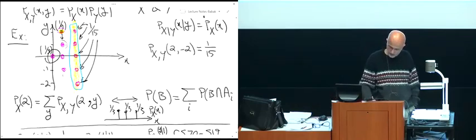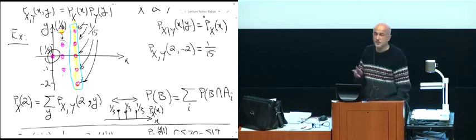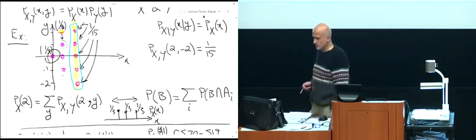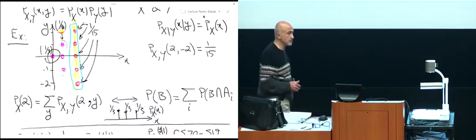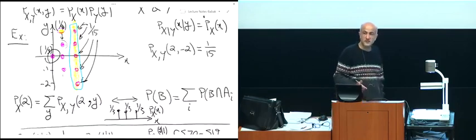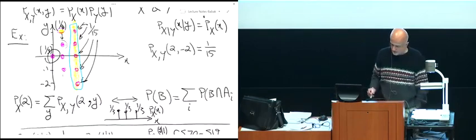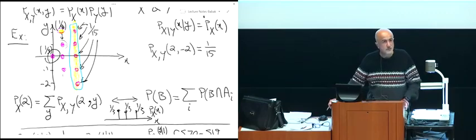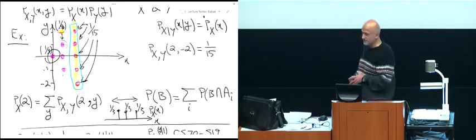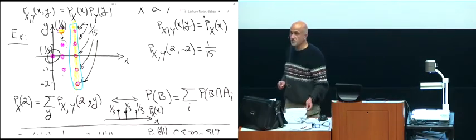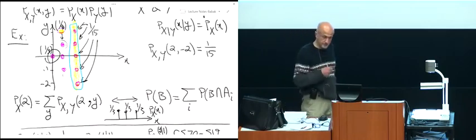And I picked a point that was 0, and I showed that the product of the two individual mass functions is not 0. Therefore, they must be dependent. So what's a necessary condition for independence? Talk to your neighbor. That's a really fast trick to determine dependence without doing a whole lot of work.